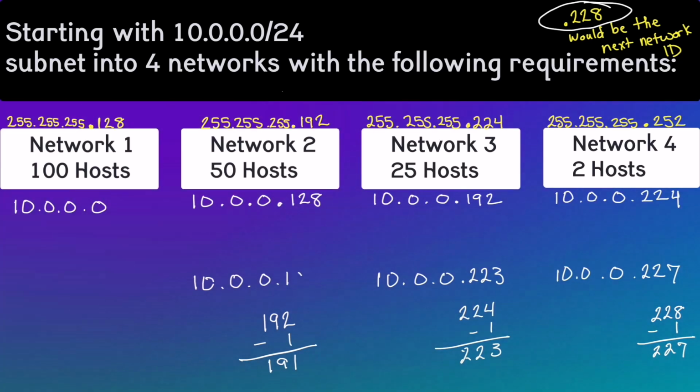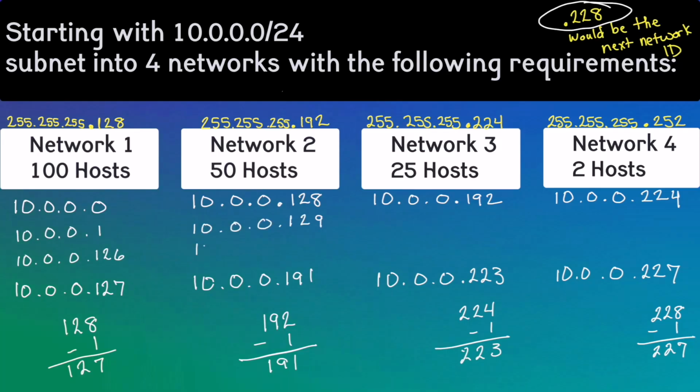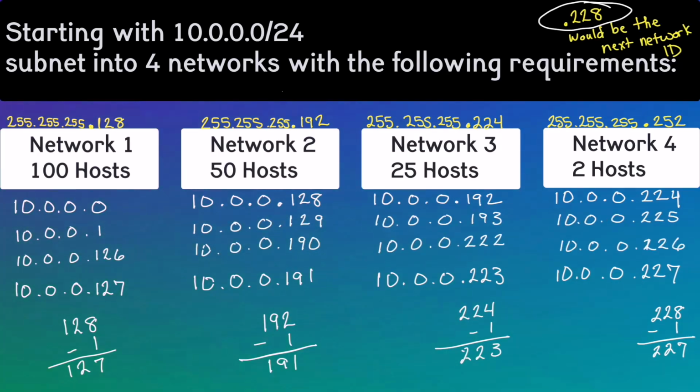In subnet 2 here, we'll look at the network ID of 128, subtract 1. That gives us our broadcast IPv4 address for subnet 1 of 10.0.0.127. Here we can see our full range of each subnet. Then we just add 1 for the first usable IP address, and we subtract 1 from our broadcast IPv4 address to get our last usable IP address.